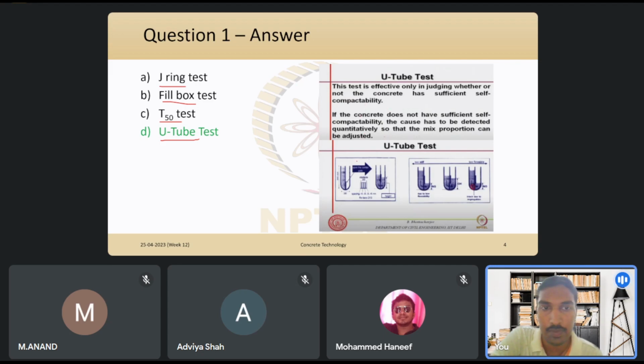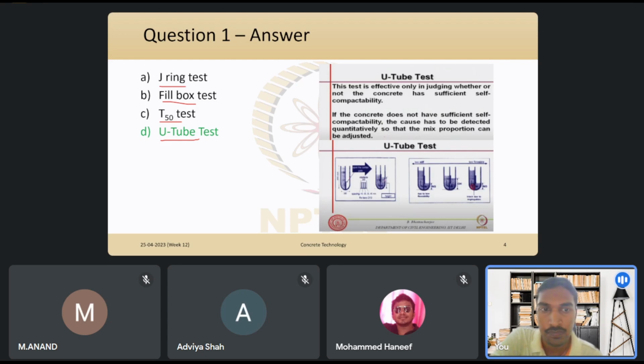So what happens in the U-tube test? You will have a tube in the shape of a U, partitioned into two compartments. In the middle you will have a partition and there will be a gate at the bottom. On one side you will fill your concrete to the full length of the tube, with the gate initially closed. After some time we open the gate, and the concrete will try to fill the other side of the tube.